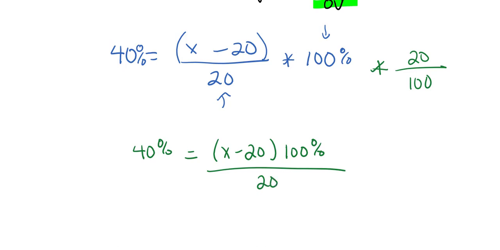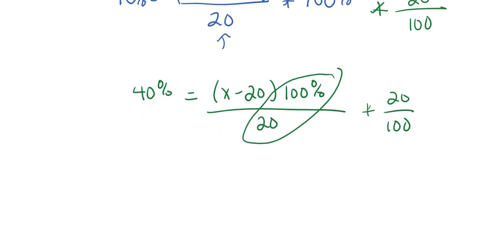So that's really what this looks like. And so we can just get rid of these by taking the reciprocal. This crosses out. That just becomes 1. You have to do it to the other side.